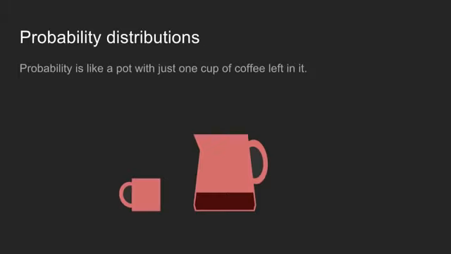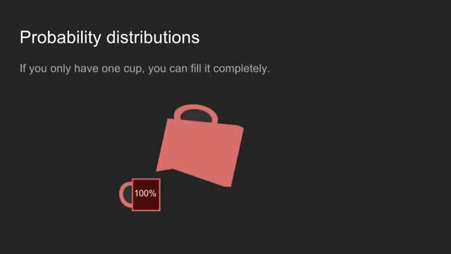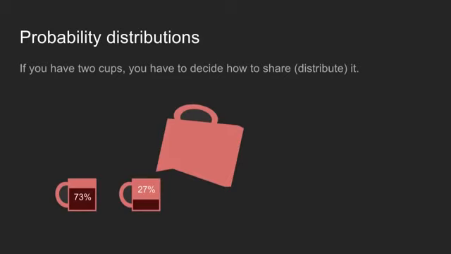So to show this, we'll have to do a little bit of a detour and first talk about probability distributions. You could think of probability like a pot with just 1 cup of coffee in it. If you just have 1 cup to fill up, you can fill it all the way to the top. But if you have more than 1 cup, you have to share it around or distribute it. And you can share it in any proportion you want.